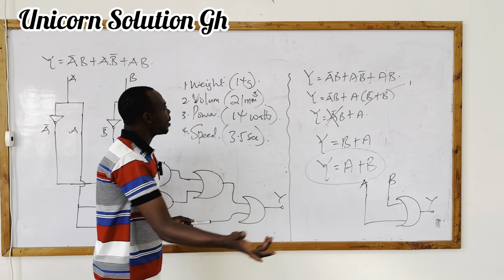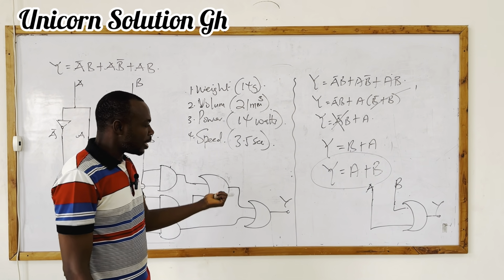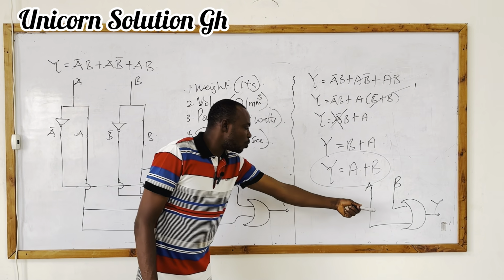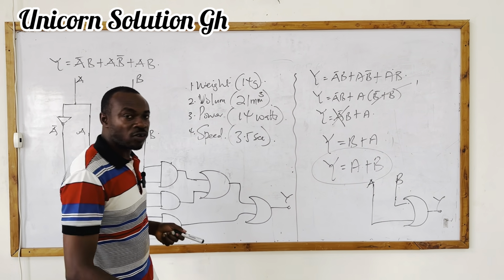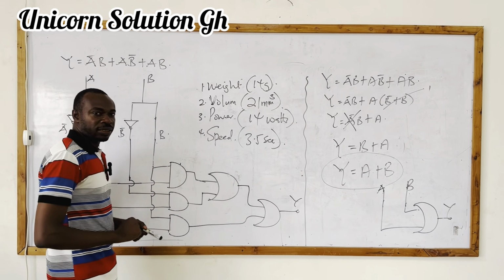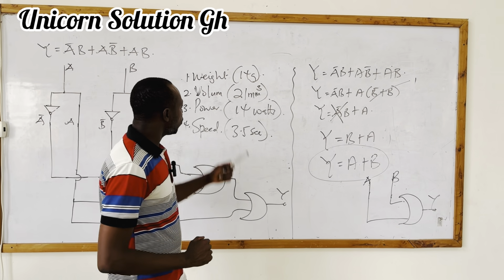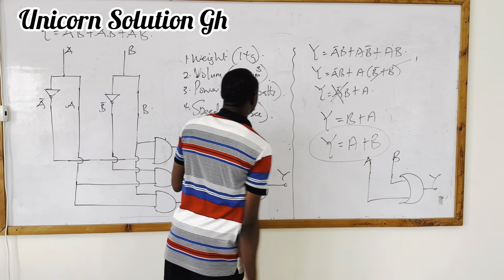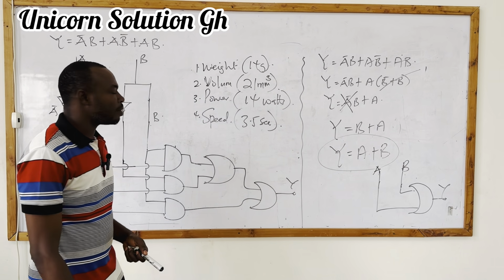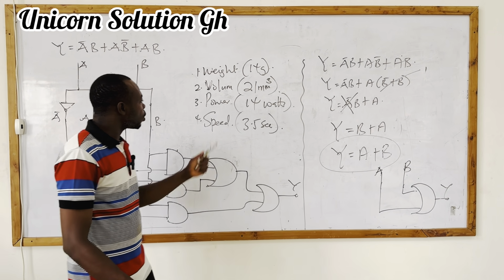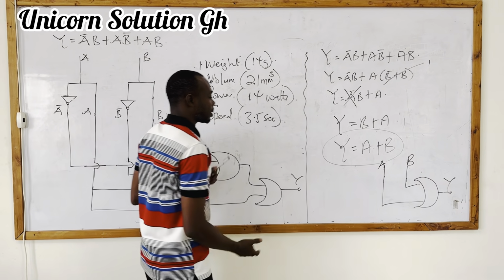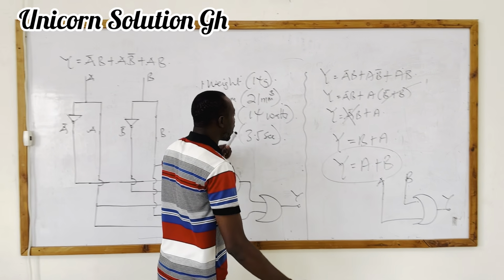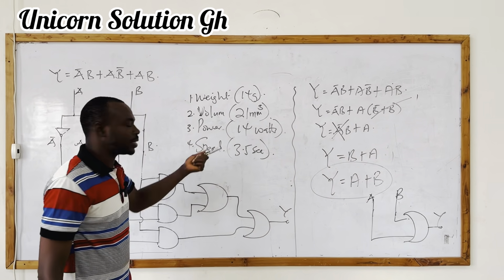If one gate is 2 grams, then since we are using one, this will be 2 grams as compared to 14 grams in this design. When we talk of volume, if it is 3 millimeter cube, this becomes 3 millimeter cube as compared to 21 millimeter cube. We talk of power consumption. If it is 2 watts, then this will be consuming 2 watts as compared to 14 watts here.